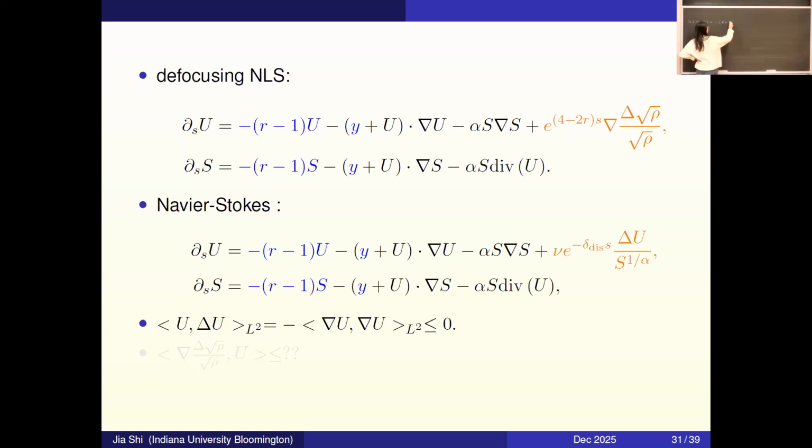This is radial coordinates, and this is u, and this is alpha s partial_y u plus s plus something. There's no derivative. And of course, there's another one that corresponds to another Riemann invariant.